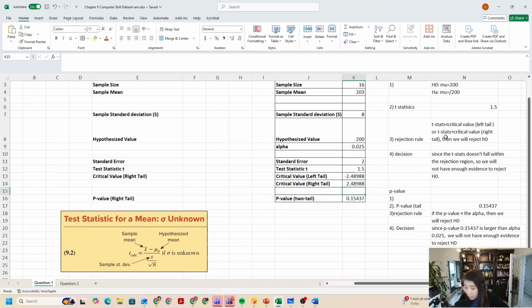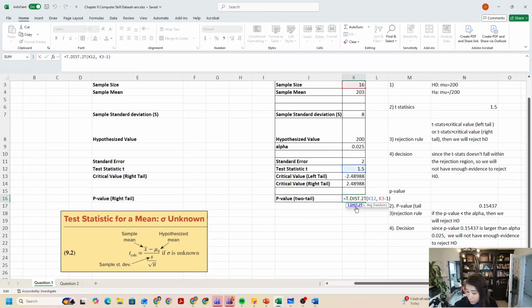Okay. And then the decision rule is that if the t-stat is smaller than that smaller critical value or larger than the larger critical value, then we will reject. So this is the main difference for the critical value approach. If you use the p-value approach, instead of just stopping at the t-stat, you need to further calculate the p-value.